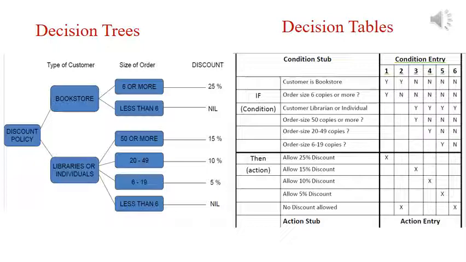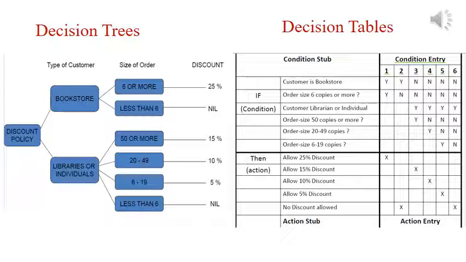So this gives a clear understanding of the discount policy for any customer. If it is a bookstore, it varies only with two conditions, six or more or less than six. But if we are talking about any library or individual, we divide this into four different conditions. But the fourth condition, less than six, is the same for both bookstores as well as for individuals and libraries.